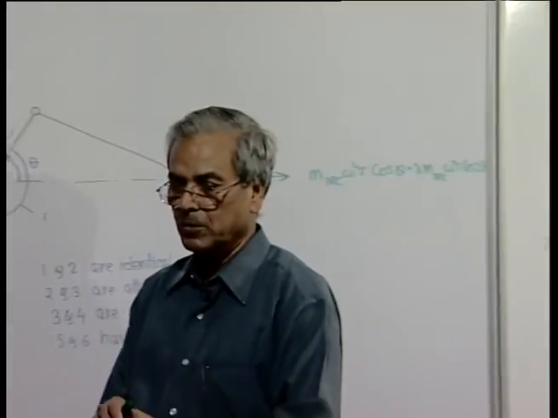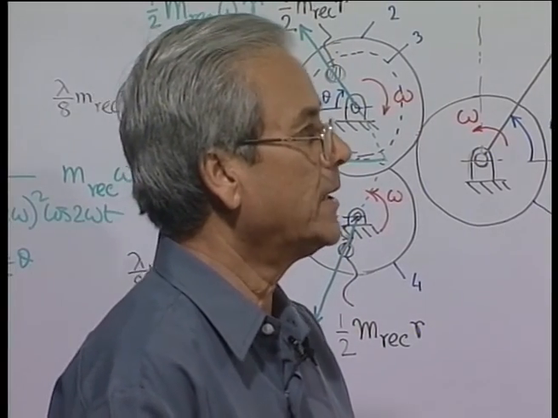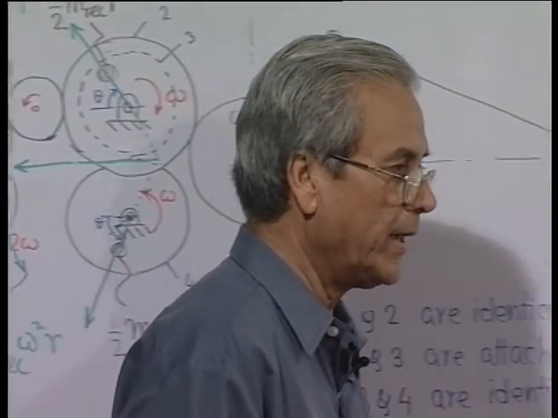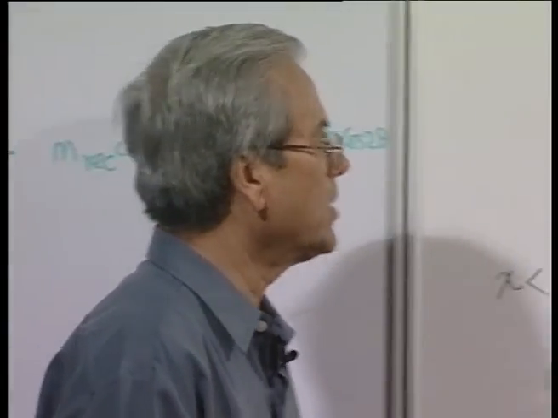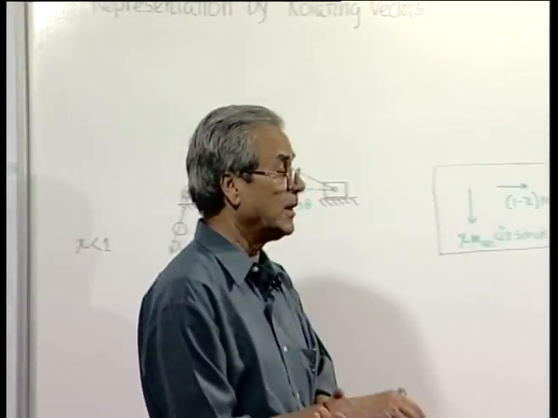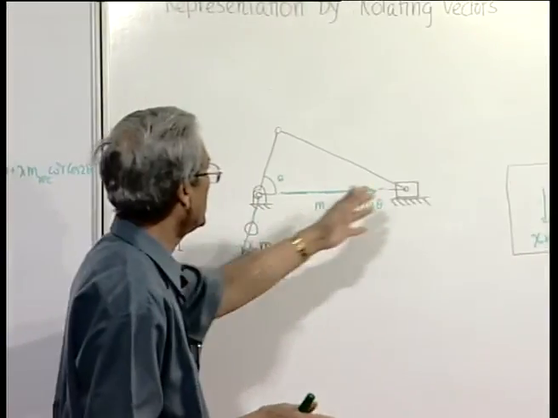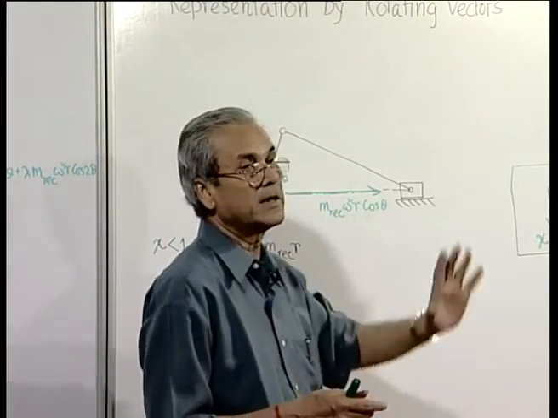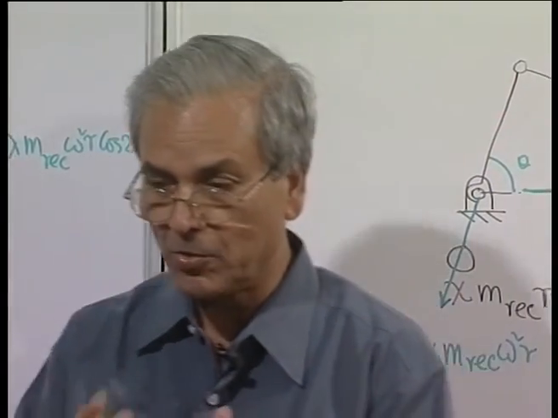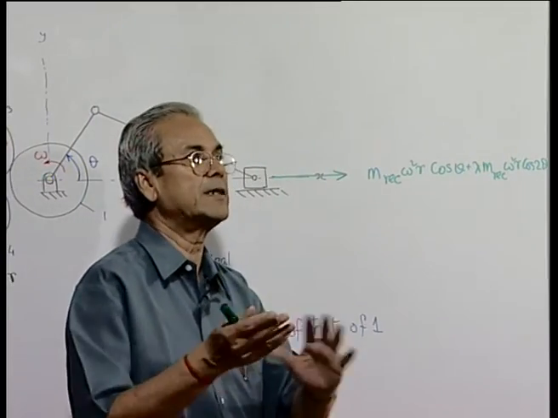Now, the situation is much better when a machine is designed keeping its smooth functioning in mind in such a way that we do not use a single slider system. If we use multiple slider systems, then you can really appreciate that it will be possible for the unbalanced forces generated by the reciprocating masses in the various components of that machine, each one composing a single slider system, to neutralize among themselves.